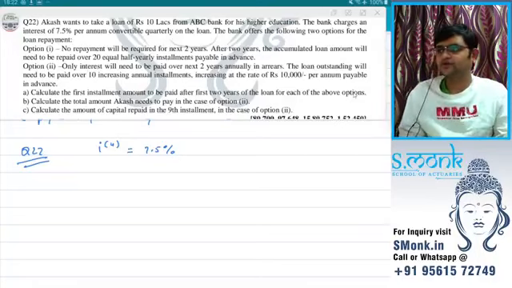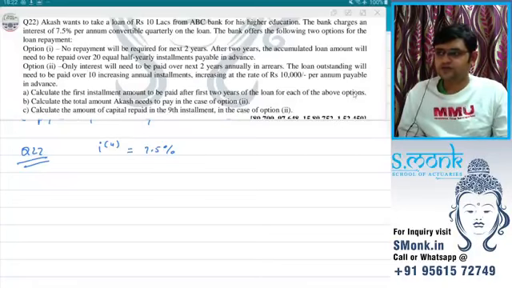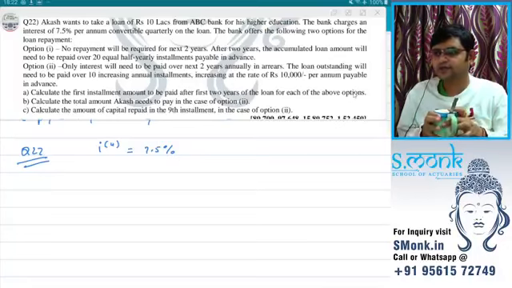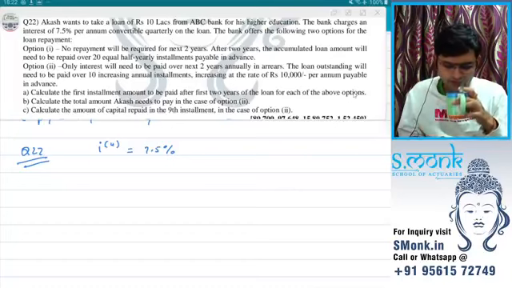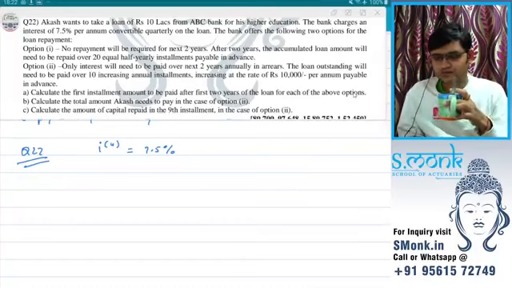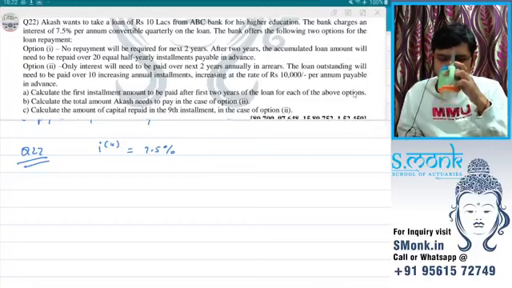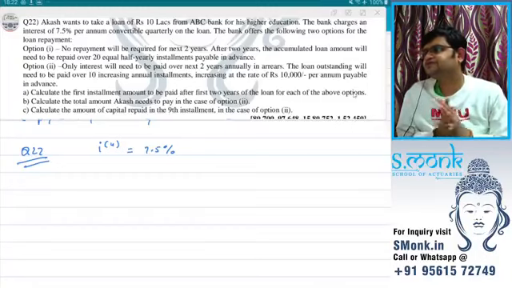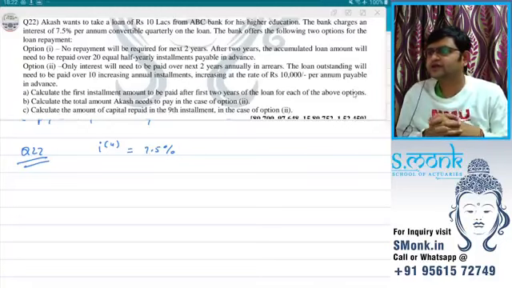Option 1, no repayment will be required for the next 2 years. After 2 years, the accumulated loan will need to be repaid over 20 equal half-yearly installments payable in advance. Option 2, only interest will be needed to be paid over the next 2 years annually in arrears.